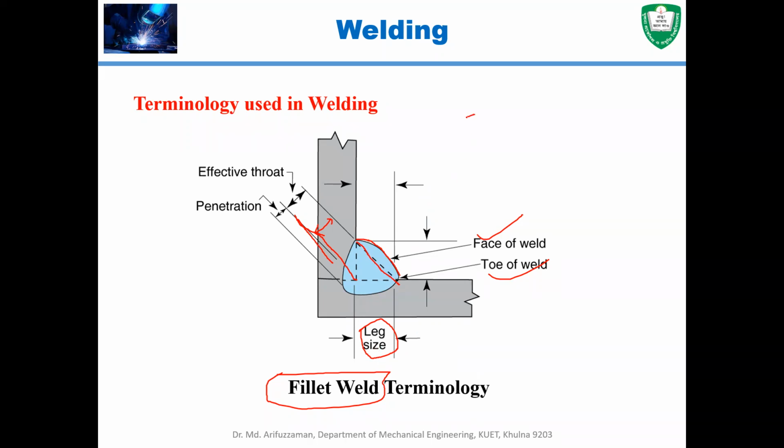Let's say 5 millimeter welding leg size has to be welded. So that will define how much welding you need to conduct. Also, when you design a structure, how much load this structure can take can also be calculated using the leg size of the welding. So this is an important parameter for welding.